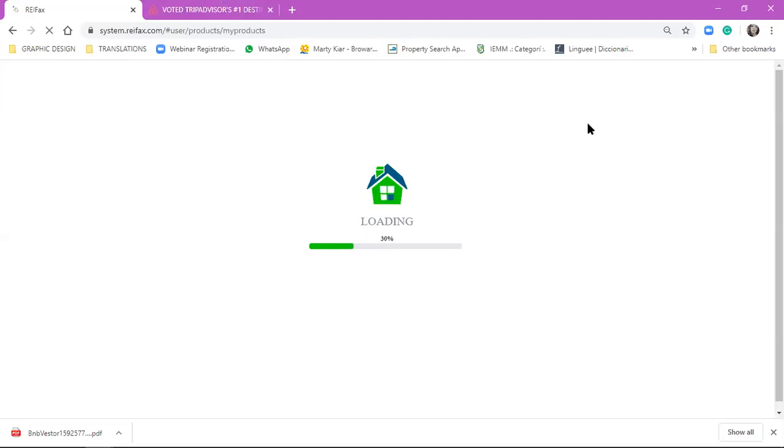You're going to have at the top right BNBvestor and deal generator. You can click on the button and it will automatically take you there. Remember, you can access it with the same credentials as in ReiFax, okay?